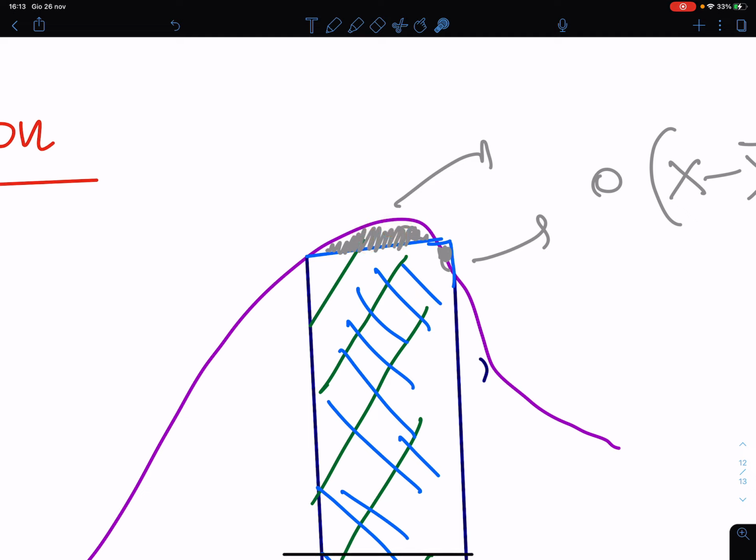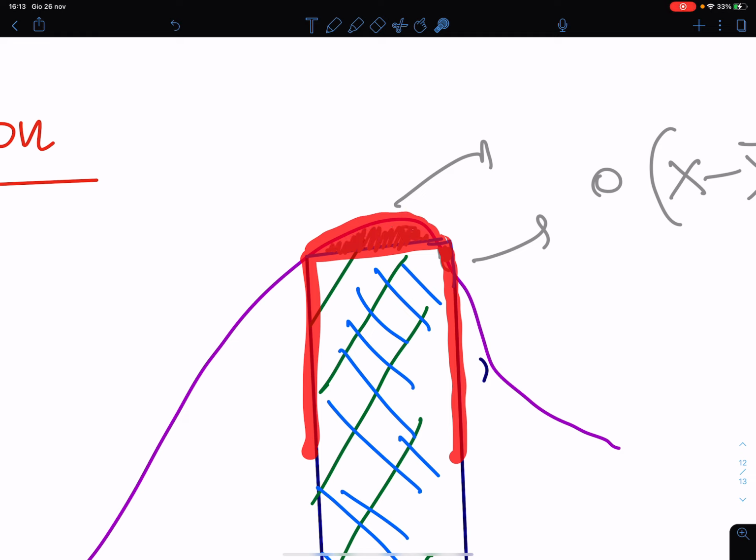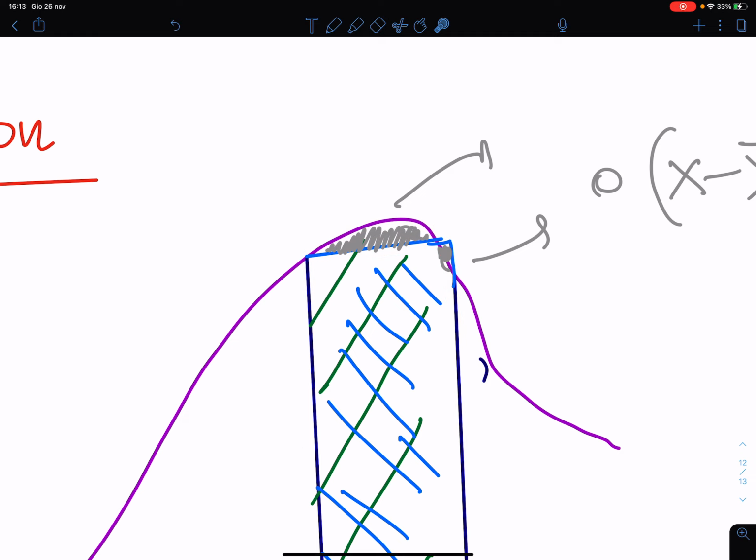And the fact that the height goes to 0 gives you the little o. If it is only for this side that goes to 0, this is the same for the rectangle and for the gray area. But the gray area has another reason, which is the fact that the height goes to 0.